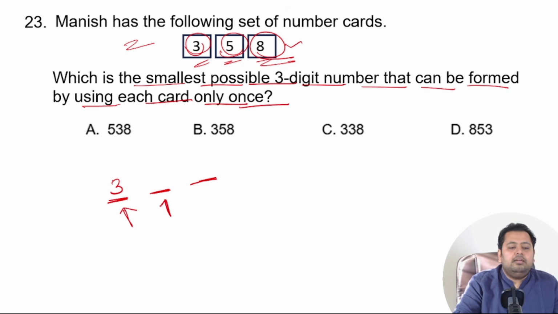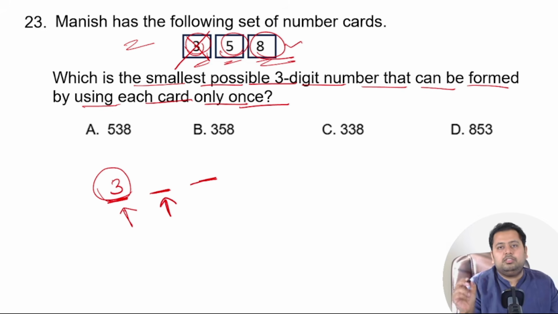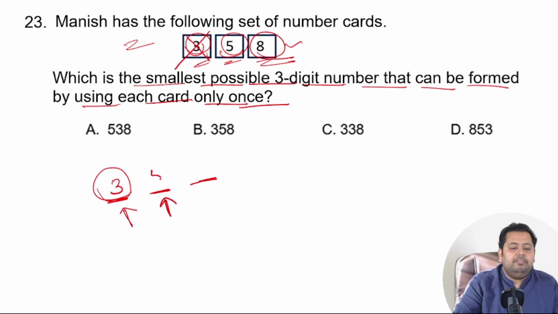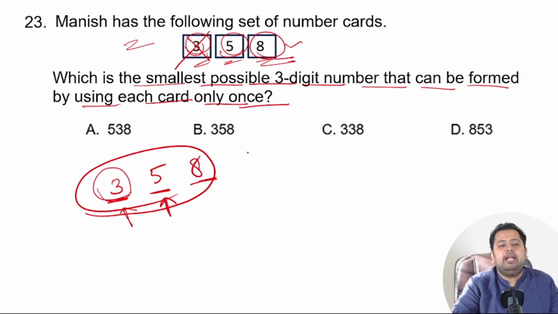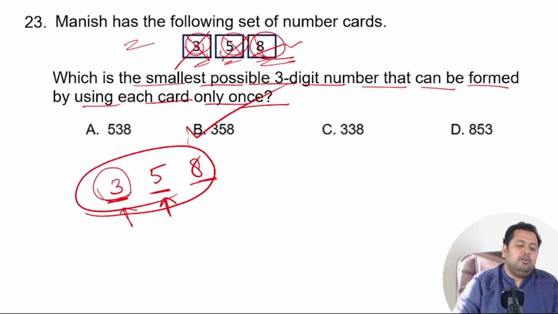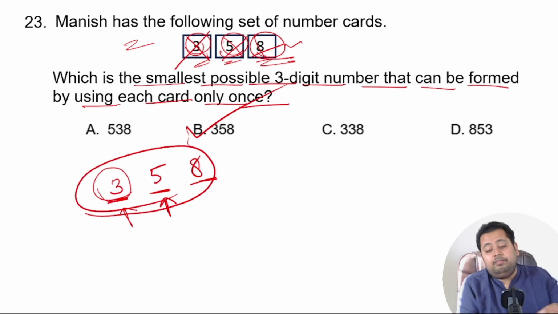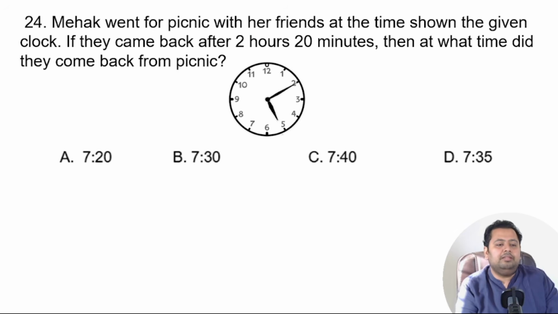You can use 3 only once, so you cannot use 3 anymore. Now, between 5 and 8, put the smallest, and the answer is 5. So 5 is smaller than 8, and this becomes 8. So the smallest possible number that can be formed without repeating is 358. That is your correct answer. Hope you got it correct. If you did, give yourself a star, and we move to the next question.